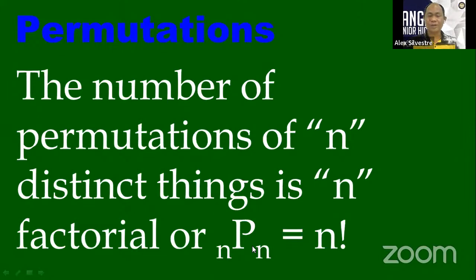Your arrangement uses all n objects, so the number you are moving is the same. So n taken n at a time is equal to n factorial. If you want, you can use the previous formula and come up with the same answer.